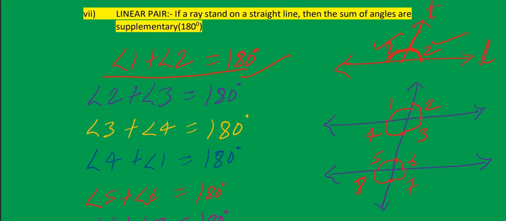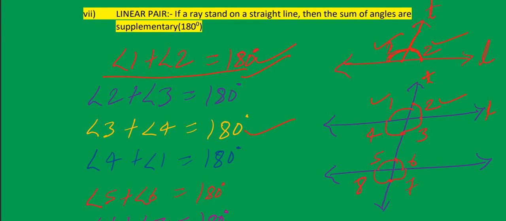So if we take L as a line, then two cases are possible. T will be the transversal, so angle 1 plus angle 2 will be 180 degrees and angle 3 plus angle 4 will also be 180 degrees by linear pair.